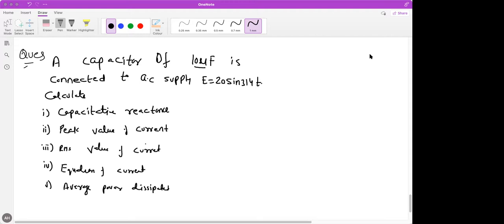Ahmad, convert this micro into farad, multiply with 10 raised to minus 6. Wrong. Abdullah, omega is 314. Sir, I took 100 pi. Okay.